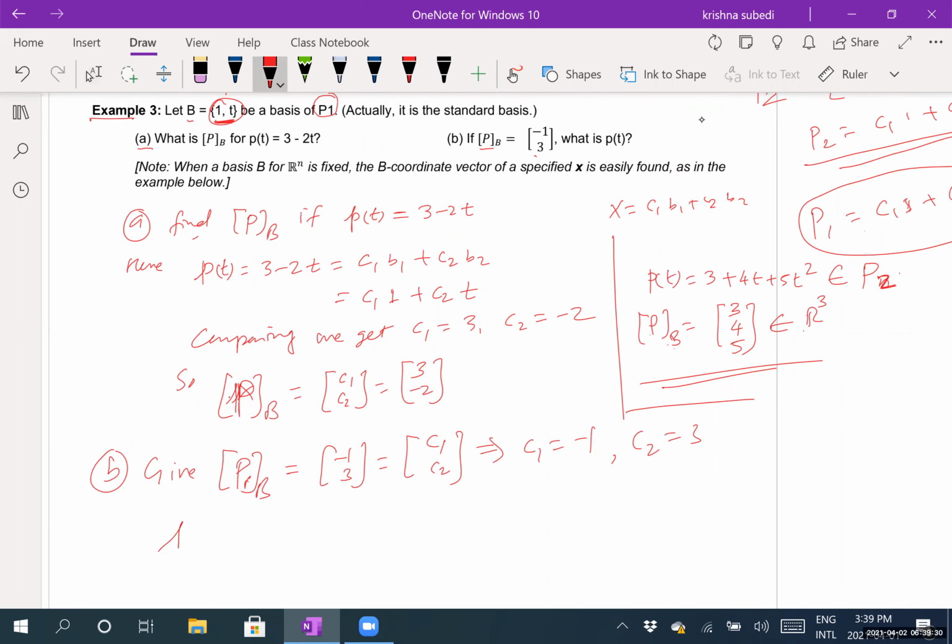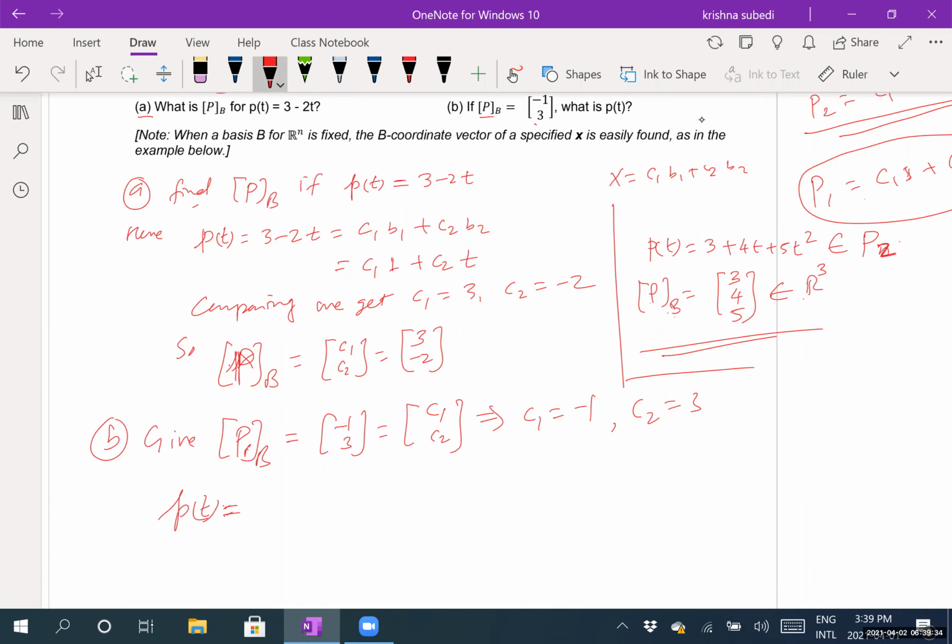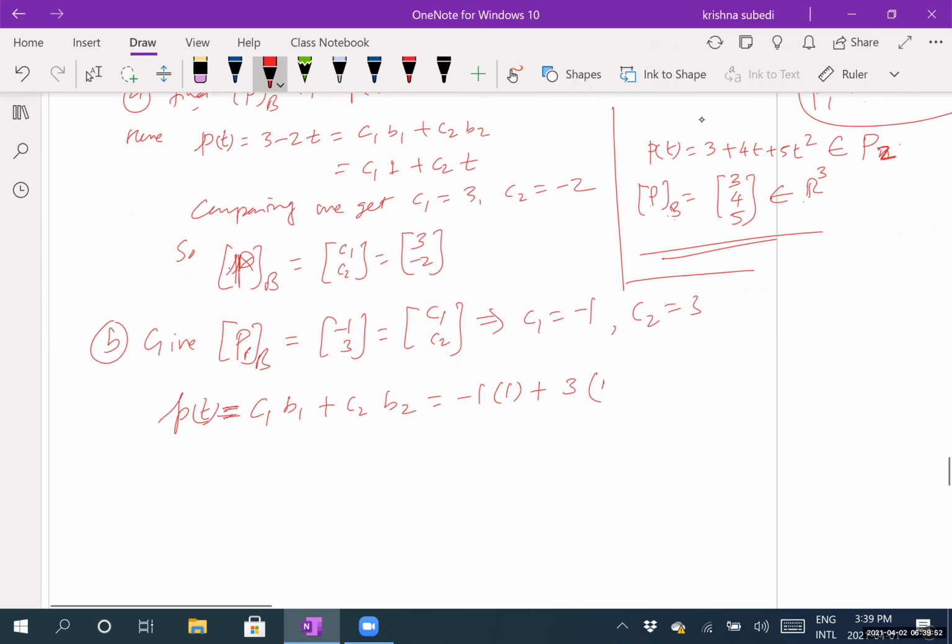So P of t is actually, by convention, this is C1 B1 plus C2 B2. Substitute the value. C1 is -1, B1 is 1, plus C2 is 3, B2 is, what is B2? B2 is t. So that's going to be -1 plus 3t, done.